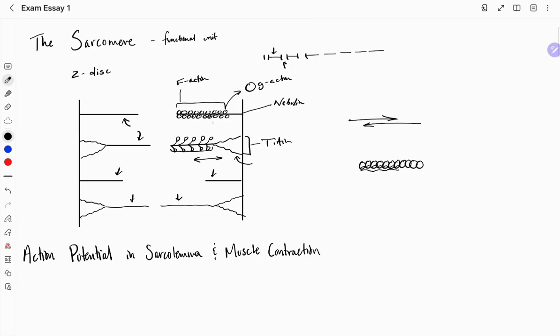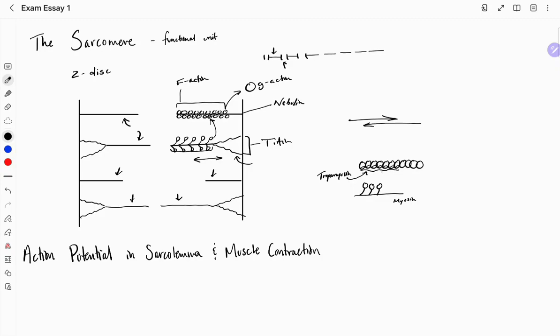So again, you have your sites here, and these myosin heads are going to bind there, like so. This tropomyosin, however, is a problem, because if our myosin down here wants to bind to these sites, the tropomyosin's in the way, and so we need to remove that.